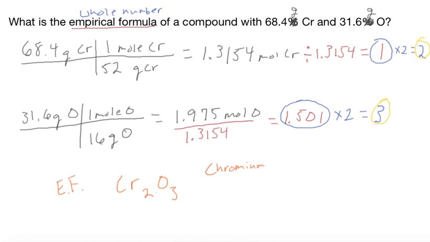So one way that I say to do this is the charge on chromium we don't know, but we can find that from oxygen. We do know the charge on oxygen, and let me switch colors here. We do know the charge on oxygen is a -2. So one oxygen has a charge of -2, but there are 3 of them. So -2 times 3 gives me -6.